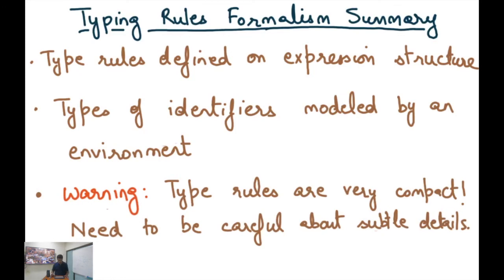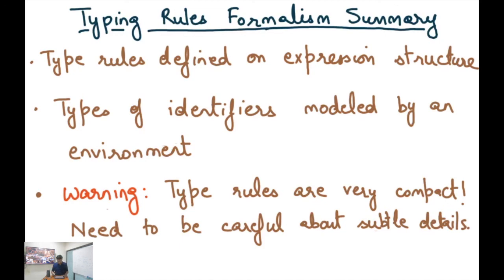Now, just a word of caution: type rules are very compact. They have very dense notation, and so one has to be very careful about reading the subtle details. For example, T1 prime and T1, Tn plus 1, and so on. I mean, they encode a lot of information. For example, when I say that I'm using the same identifier or same environment O at different places, I'm basically implicitly implying that I'm under the same environment.